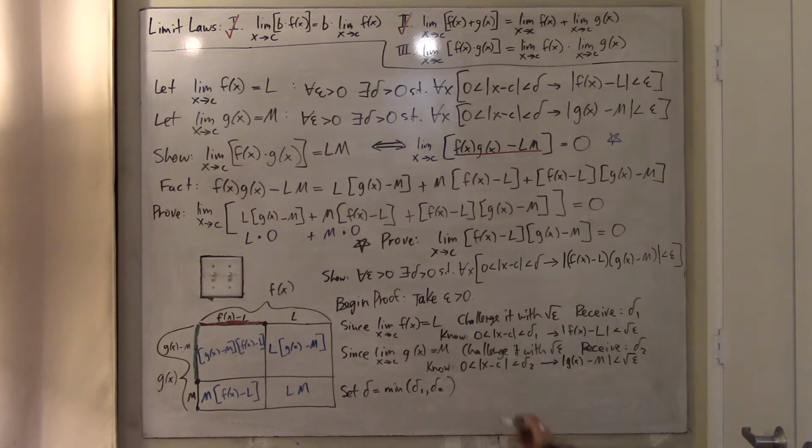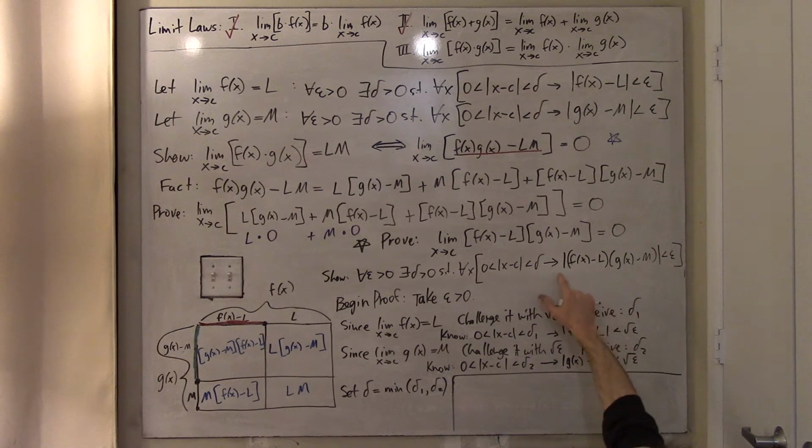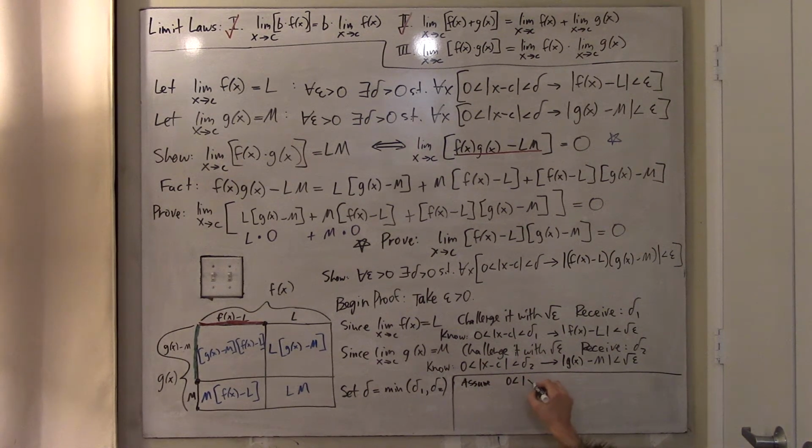In this tiny little spot, I'll finish off the proof. What must I show? I must show this conditional. So I'll take this delta, and assume that the difference between x and c is less than delta.